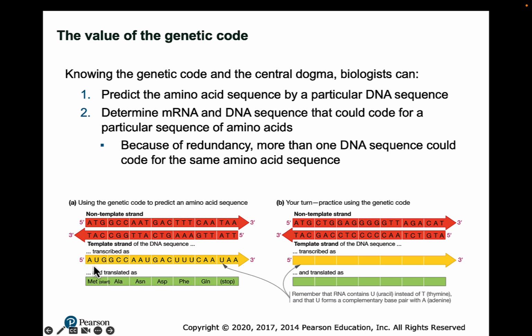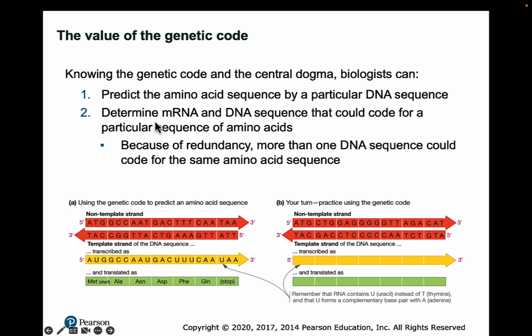And because we've cracked the genetic code, we know that's a methionine that's going to start the protein. We can do this, going 3 letters at a time, to figure out the mRNA and then how that's translated as an amino acid. You can pause the video and go back to the code and try, or open up your textbook and try to complete this yourself, although we're going to practice it in class as well.